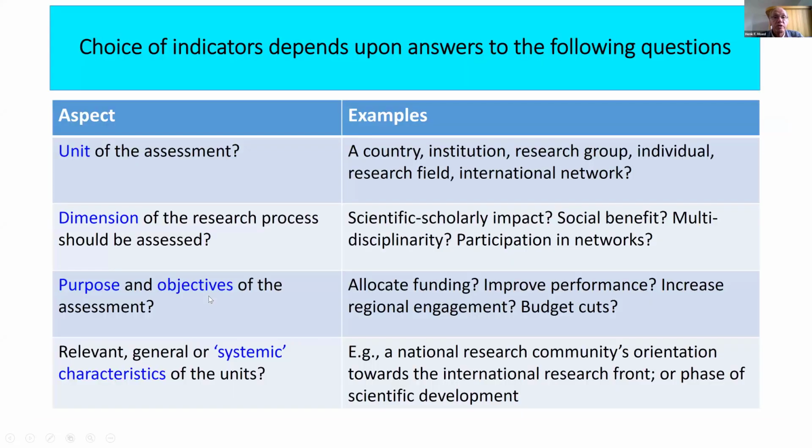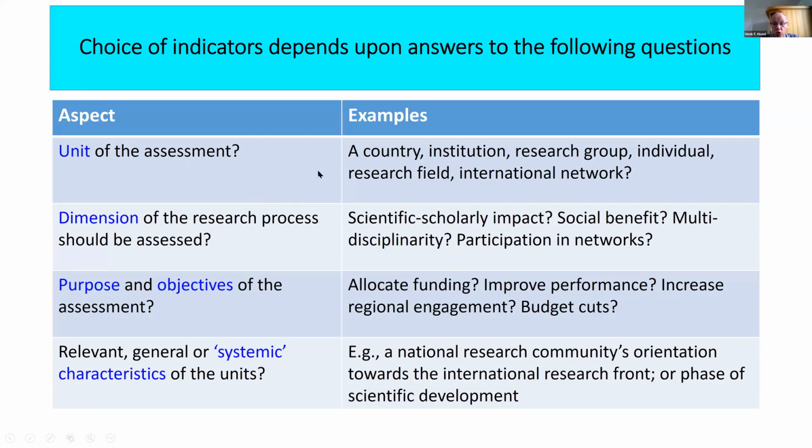It's also important that we realize that the use of indicators, the choice very much depends upon the way in which they are used and the context in which they are used. And here I mention 4 aspects. First of all, what is the unit of assessment? A country or an institution, a network, an individual? Which dimension should be assessed?